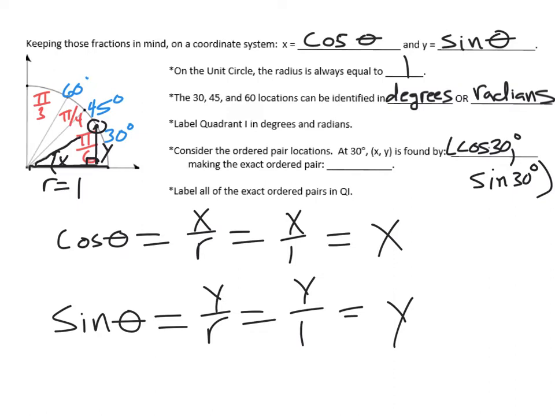Now, this is why that list came up on the other page, okay, that we were looking at these values. So we're talking about the ordered pair, where the x-coordinate is the square root of 3 over 2, and the y is 1/2, right? So this point right there, I'm going to label it right here.